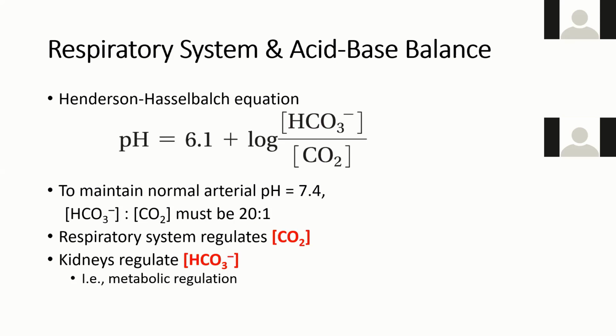Say you're not breathing out enough CO2, your kidneys can help regulate pH by regulating the bicarbonate ions, which is important because you wouldn't want holding your breath or something to kill you by messing with your blood pH. So it's important that you can do metabolic regulation of blood pH as well.